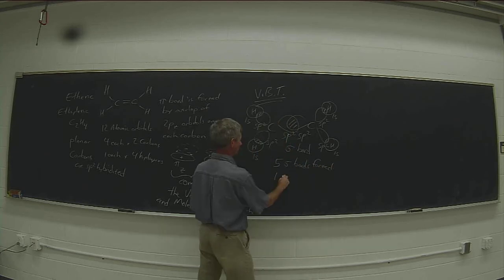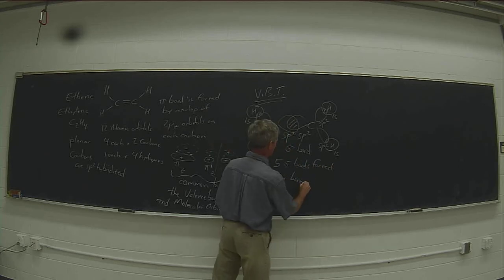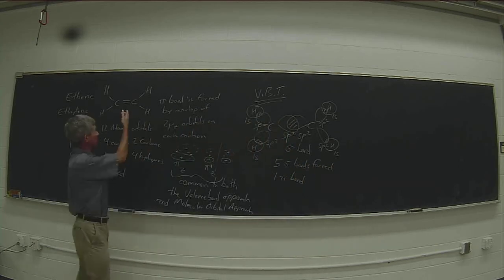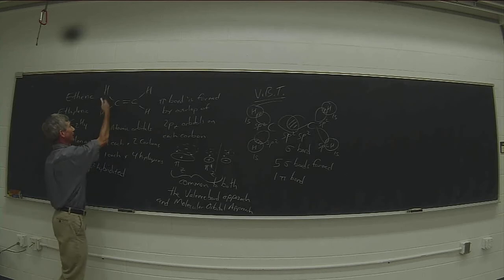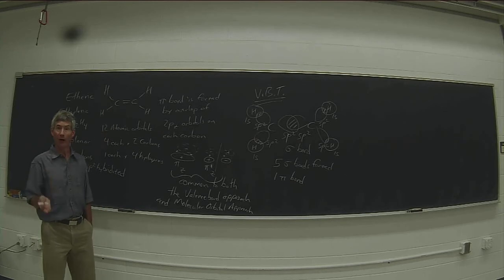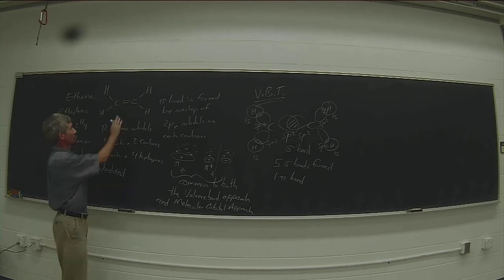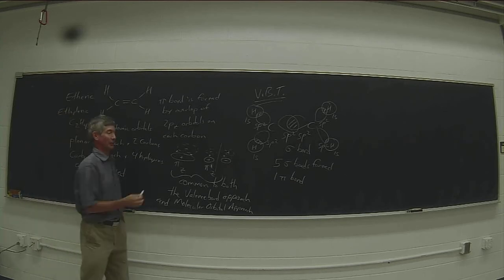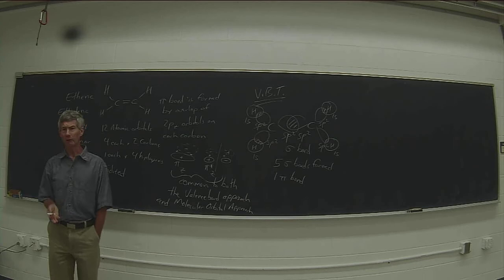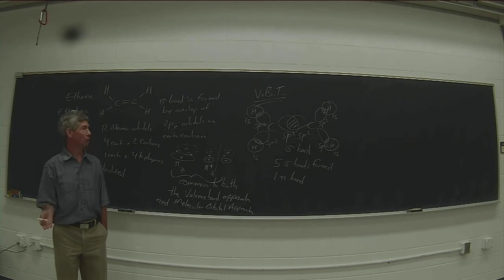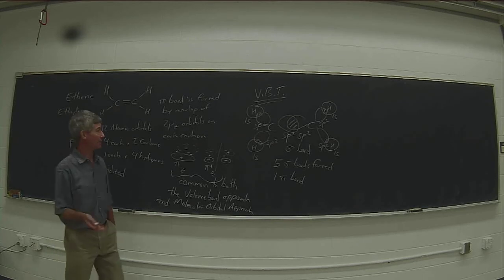And 1 pi bond, representing the 6 bonds in the molecule, 4 identical carbon-hydrogen sigma bonds, and then a carbon-carbon sigma bond, and a carbon-carbon pi bond. And usually when we talk about valence bond theory, we ignore the anti-bonding combinations.